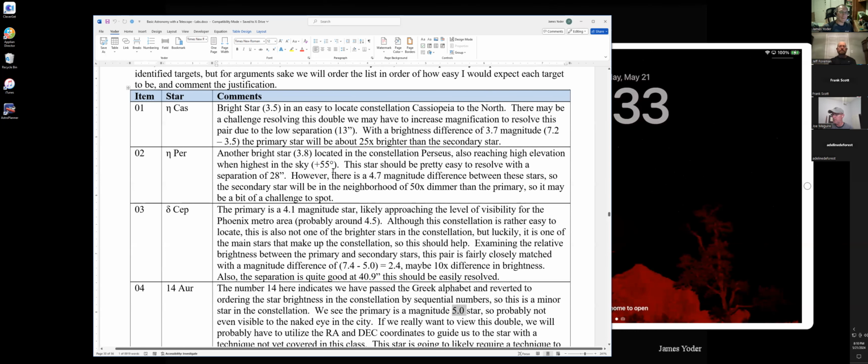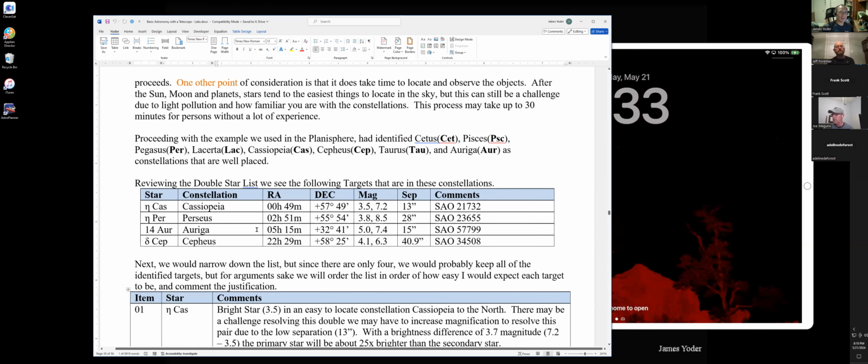So the point of this is to show you the reason for taking these numbers given in the chart and figuring out what to expect when you go to the eyepiece. Again, a lot of times I don't follow this procedure at all. I just pull up my application, and I've got a lot of double stars marked on it, and I'll go, well, let's see what this looks like. If I have trouble seeing a double star, I'm like, well, where is it?